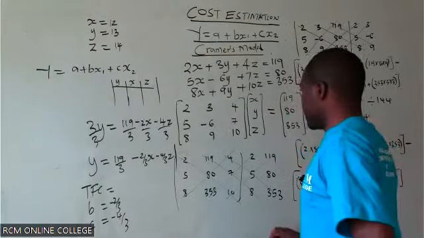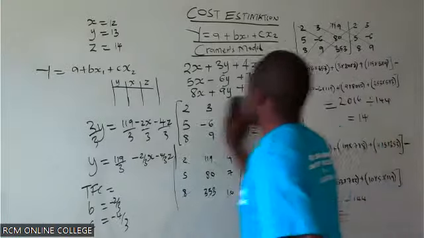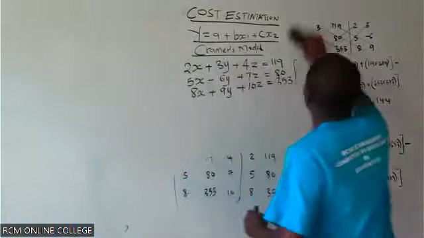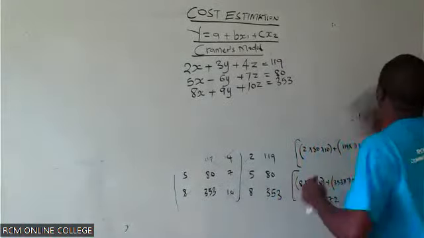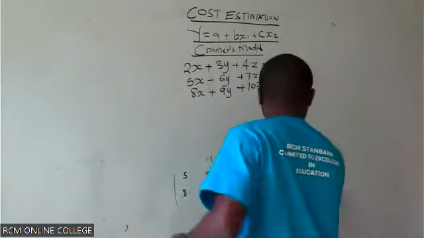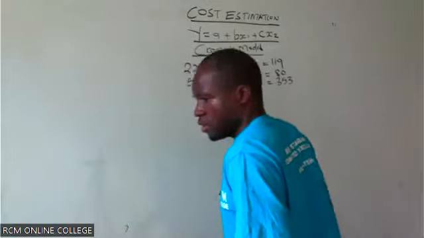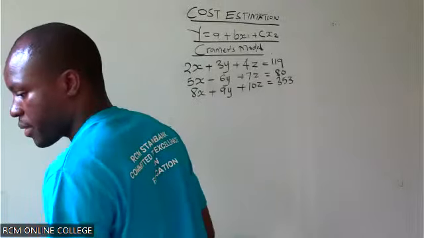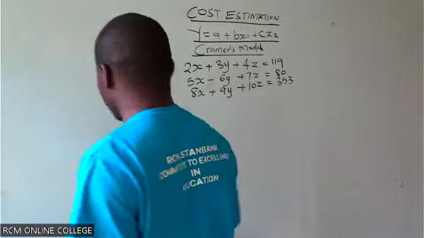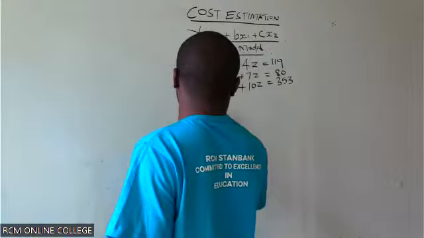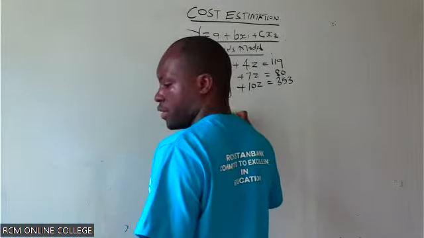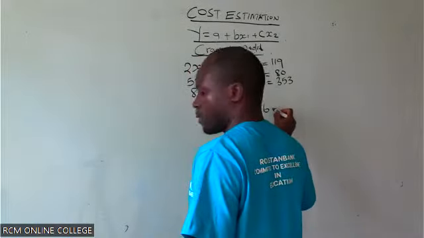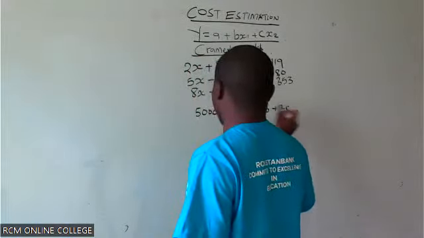So during your free time, you can try to solve this other one. Let me just get it very fast. We have 5,000 equal to 6a minus 3b plus 7c.